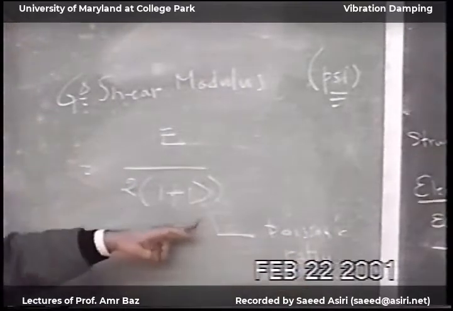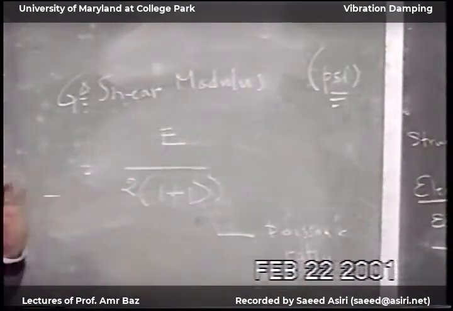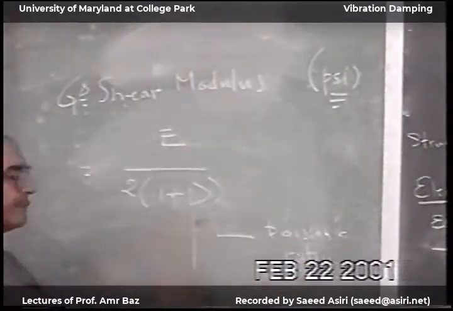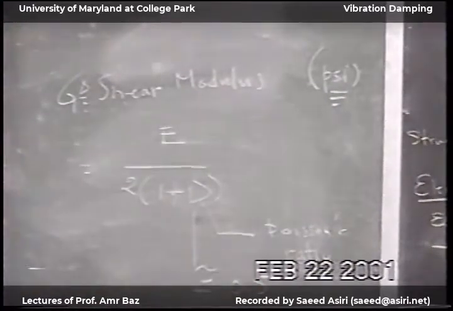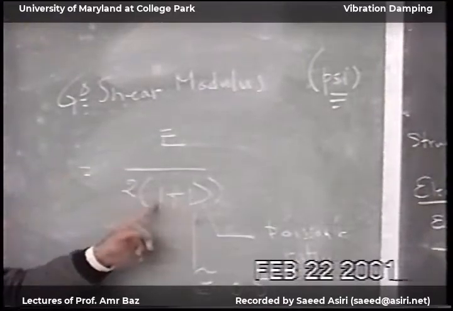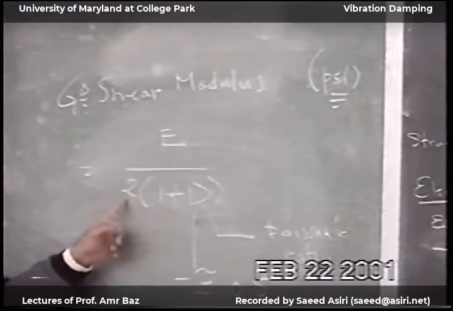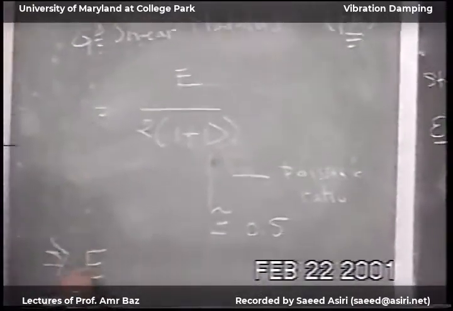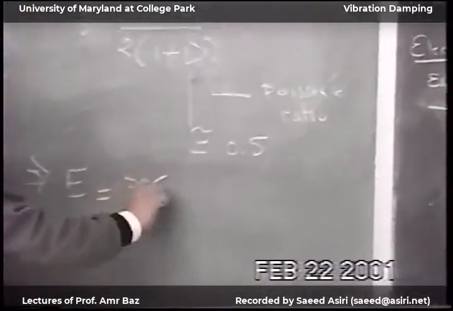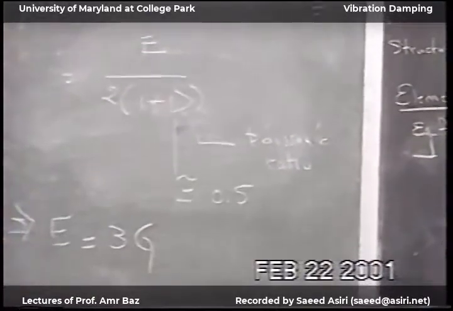For viscoelastic material, this number is almost 0.5. So 0.5 plus 1 is 1.5, times 2 is 3. So this says Young's modulus is equal to 3 times the shear modulus.